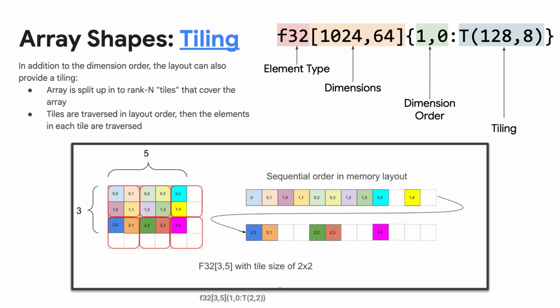XLA represents tiles and layouts more explicitly in the shape. So it's easier for a human to see the original tensor, the original shape, because it usually corresponds to the user program. And over time, once we do lowering for the concrete hardware, you can select tiles based on the sizes of your registers. And there are only a few tiles.